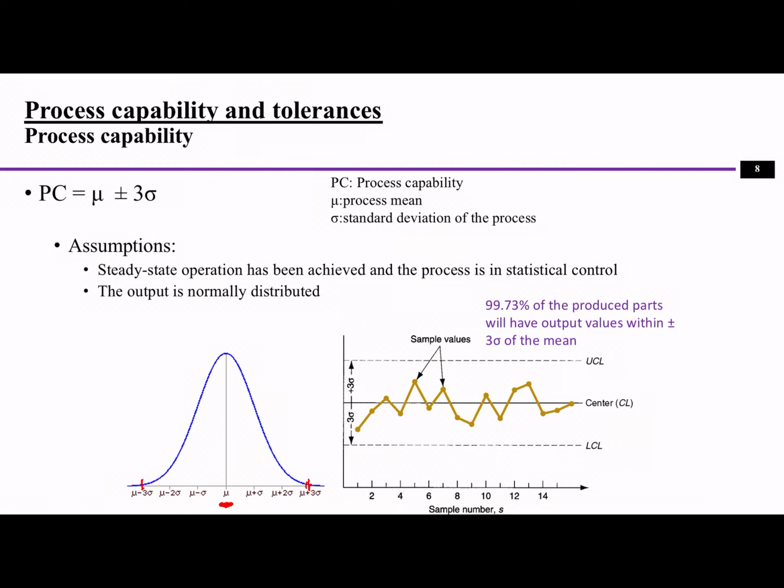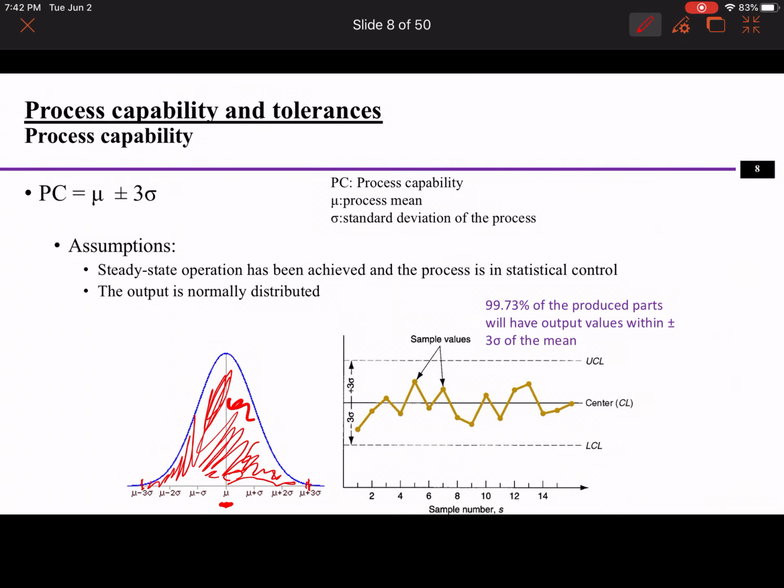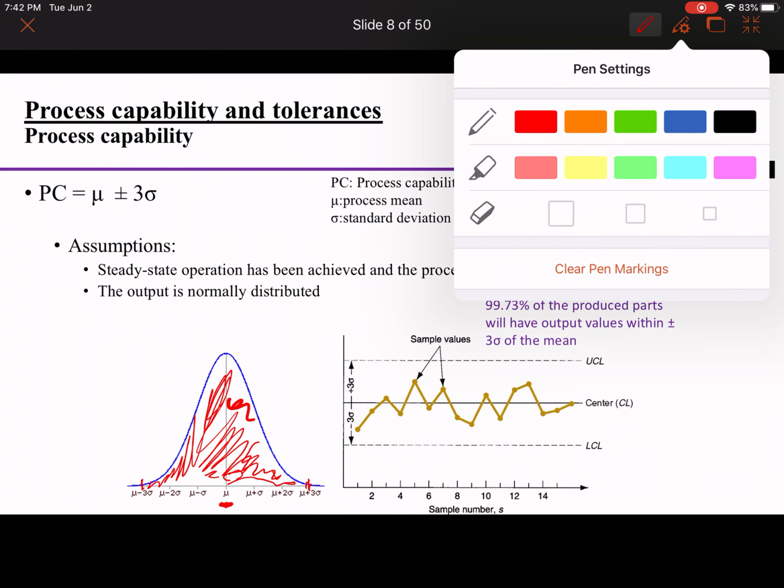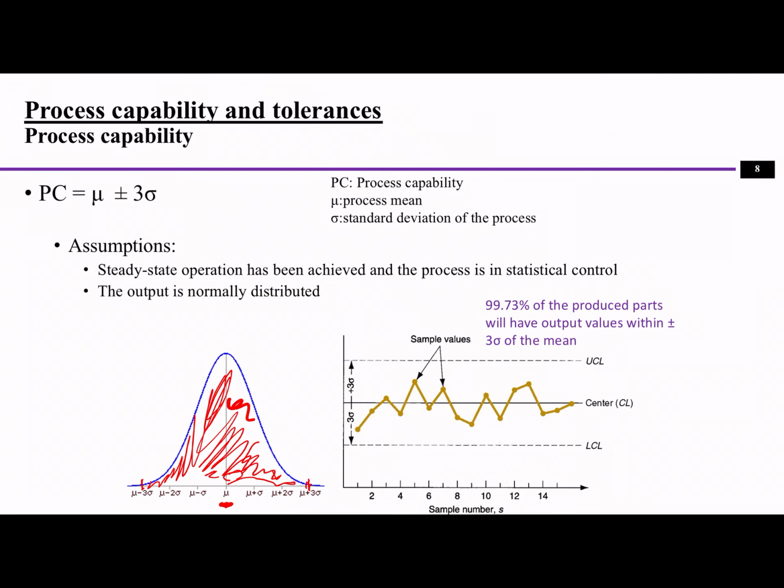And all the parts within this are good parts. The only bad parts in this distribution are, let me use a different color here, the blue part, right?